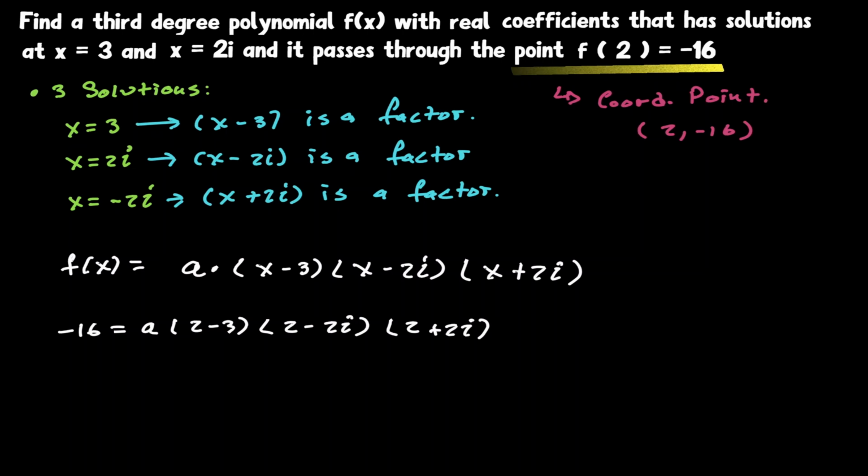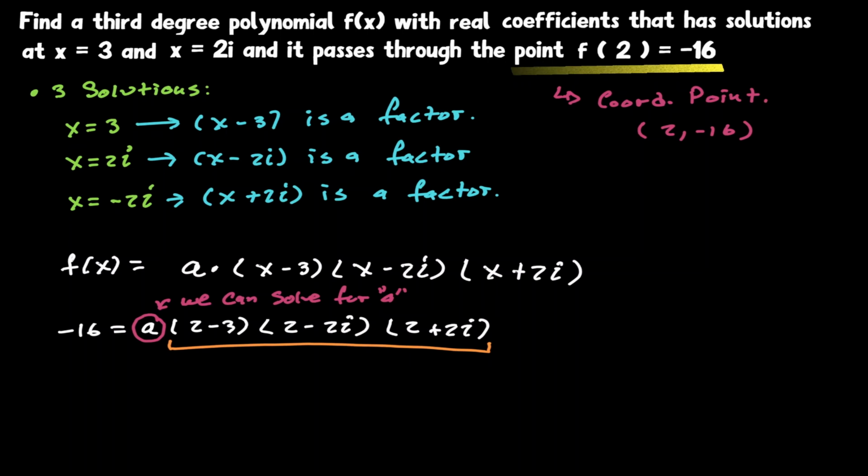So now notice that when we do that, we can start solving for the unknown coefficient a, because everything else already has a value. On the right-hand side of a, we are multiplying three expressions.